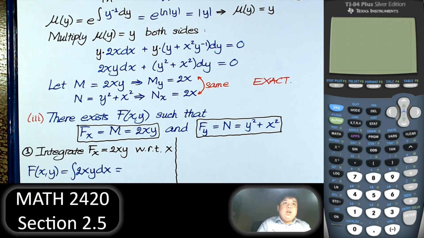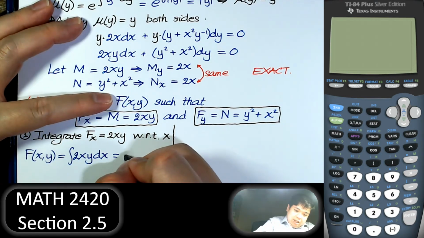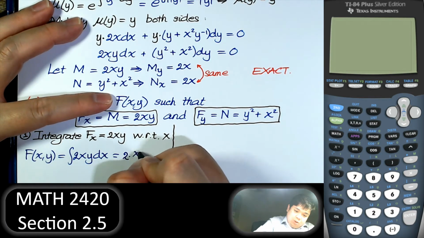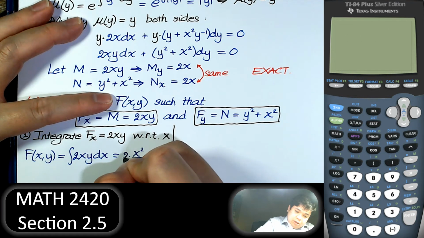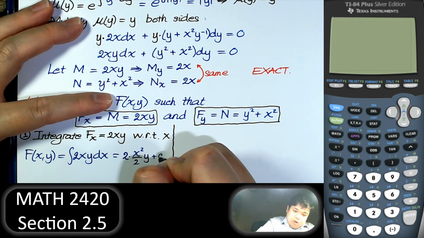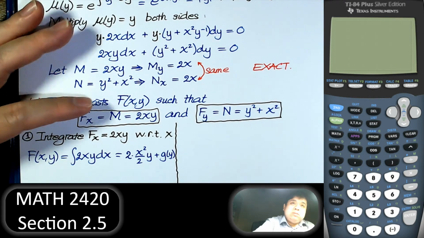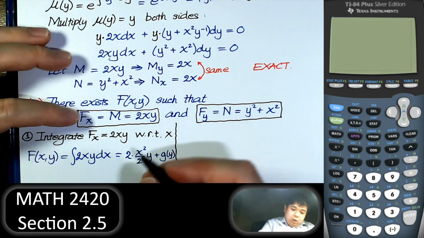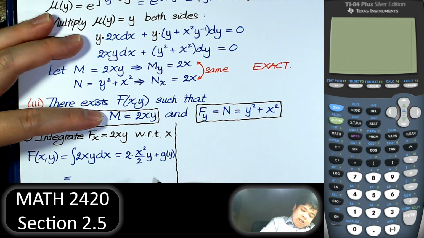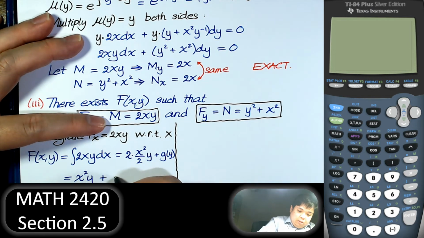The integral of 2xy is easy. That gives us 2x squared over 2 times y plus g of y. The 2 and 2 cancel out, so f of x,y equals x squared y plus g of y.